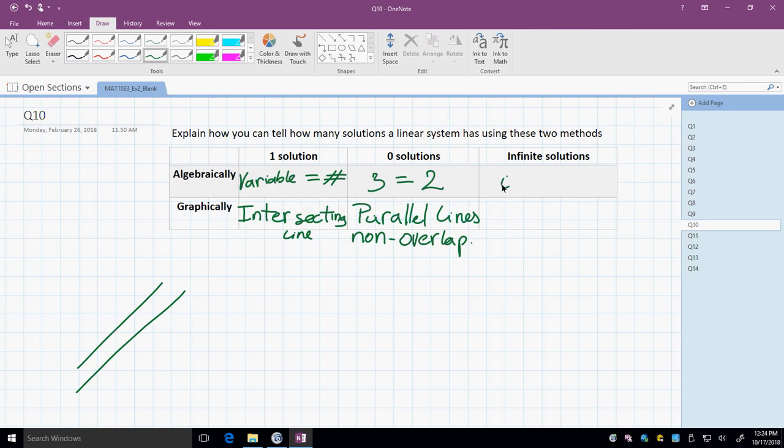Infinite solutions, when you have something like 0 equals 0, or any number equals the same number. And infinitely many solutions is going to be graphically parallel lines and overlapping.